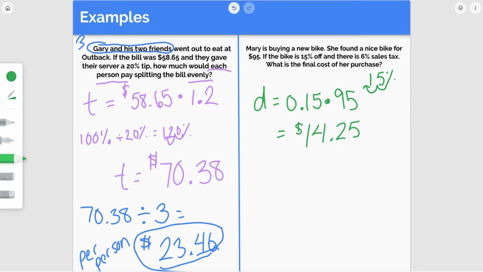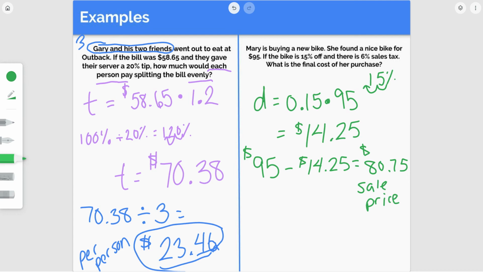Now, remember, that is not how much she's paying. That is the discount. So now I need to take 95 and subtract the $14.25 to find her sale price. And I'm going to get $80.75. So this is the sale price.